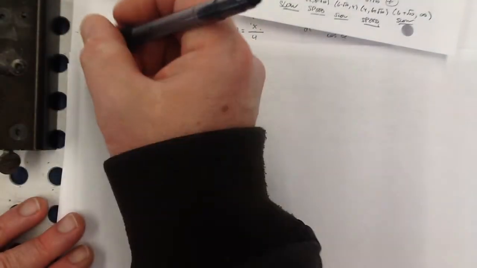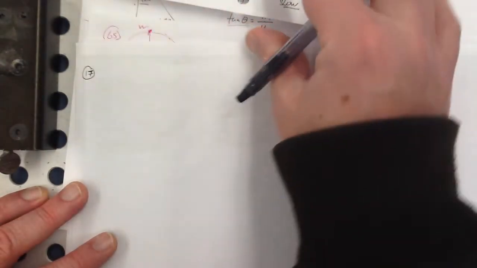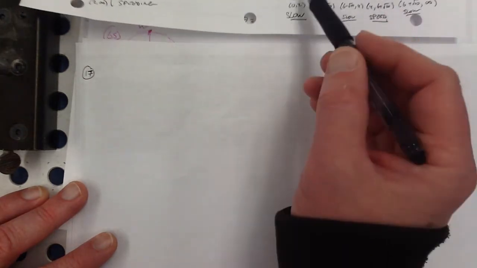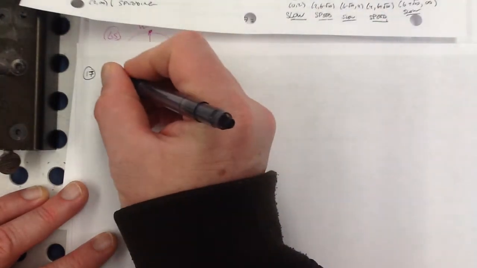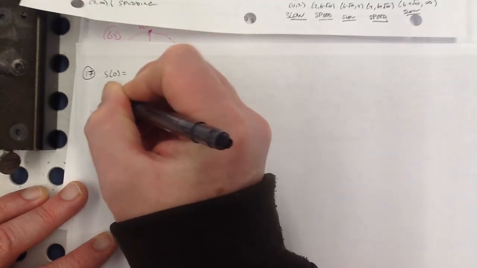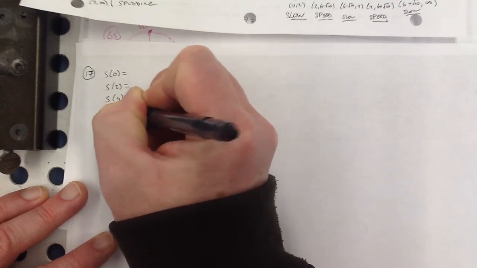All right, let's do that for number 17. Where are my turnaround points? Same interval from 0 to 5, and the velocity is equal to 0 two times in there. So we need to find position at 0, position at 2, position at 4, and position at 5.